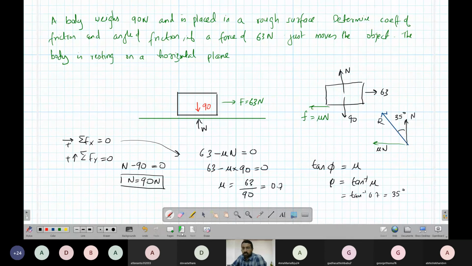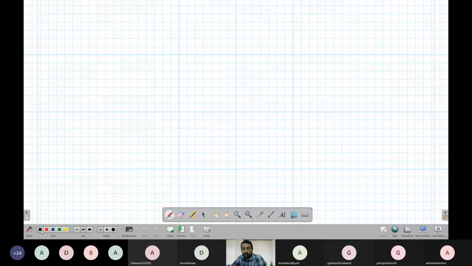Now I'll just introduce a new concept. We will not derive that. The second concept is angle of repose. Angle of repose is basically the maximum inclination of a plane at which a body can repose without sliding.